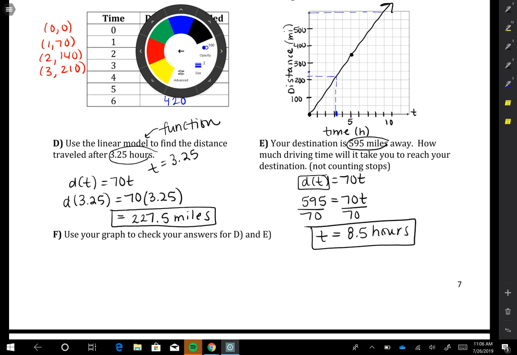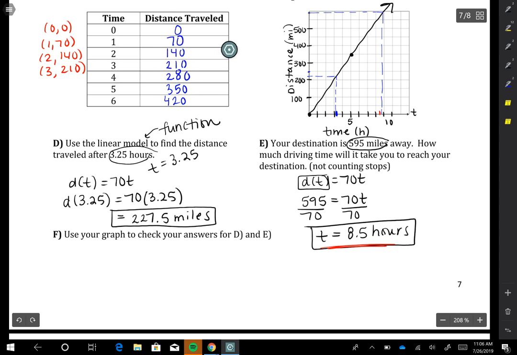I usually try to do this at home. And that brings me there, and I come down. Now look at this. That looks like 8.7, but again, remember, I did this graph by hand, so it's not going to be perfect. It should have been 8.5, but it's close, right? So that's how you could also look at your graph and find those answers, or an approximate answer.